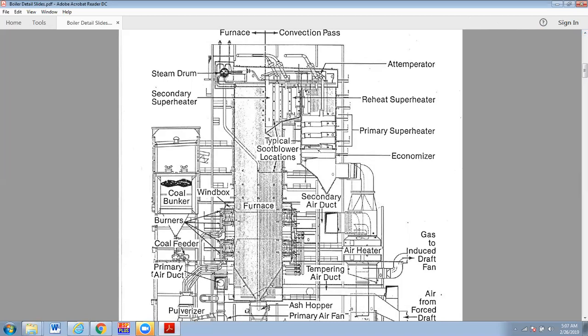So the convection pass goes horizontal and then downward across more heat exchangers, and then eventually over here and down through the air heater, and then we exit and go to all of the gas cleanup equipment, which would be for NOx, SOx, mostly SO2, sulfur compounds, and then the particulates.